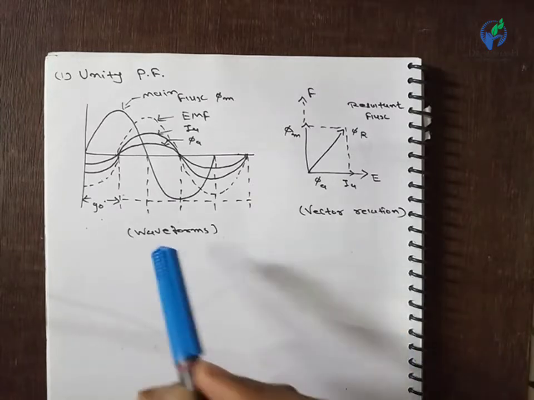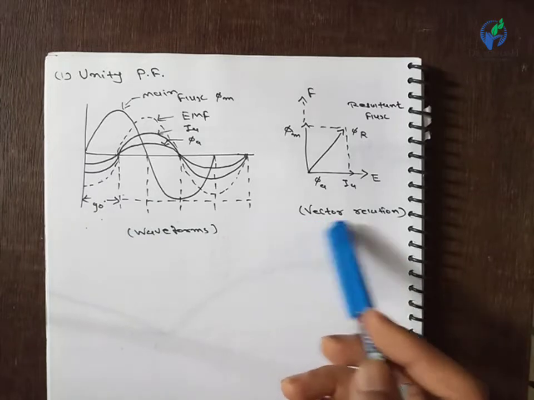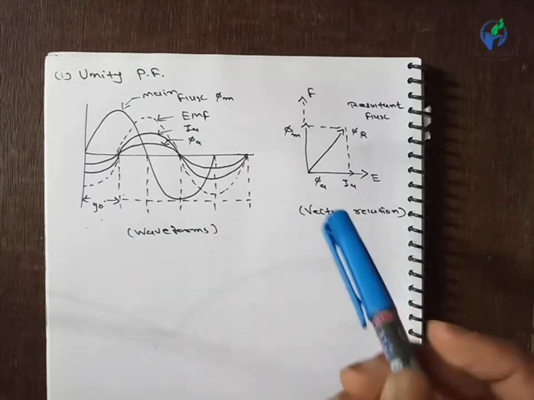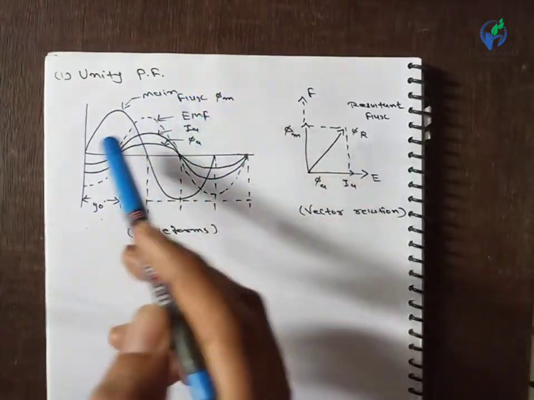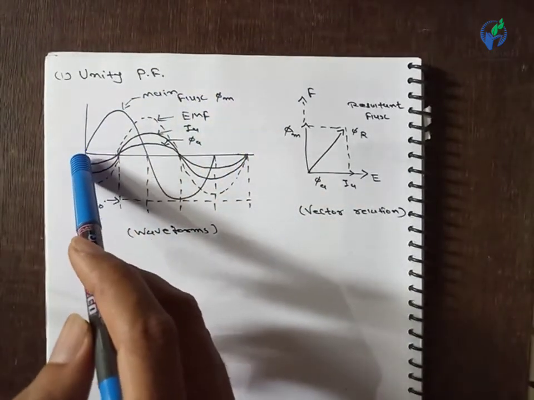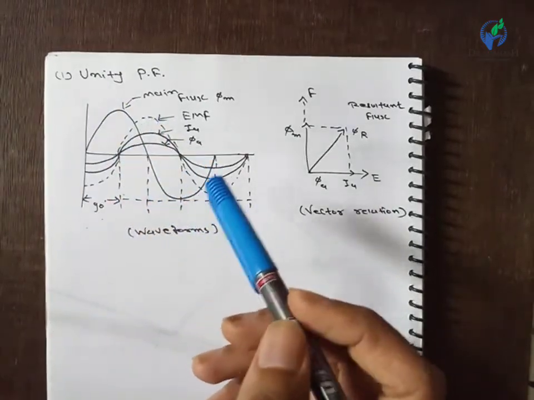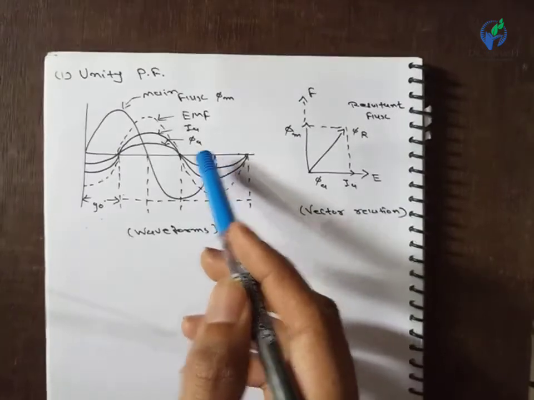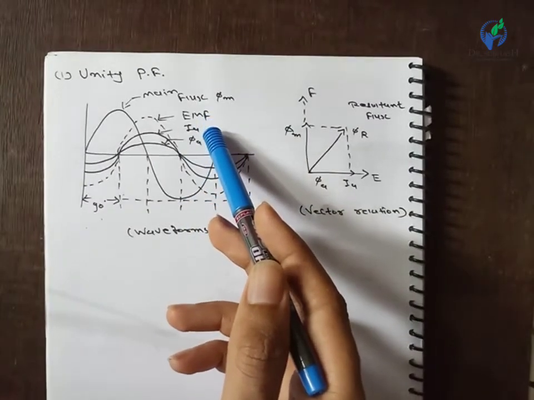Here are the waveforms and the vector relation of the unity power factor. In this graph, here is the main flux phi m, which starts from the origin 0 to 90 degrees, and also the EMF relation, armature current and flux.